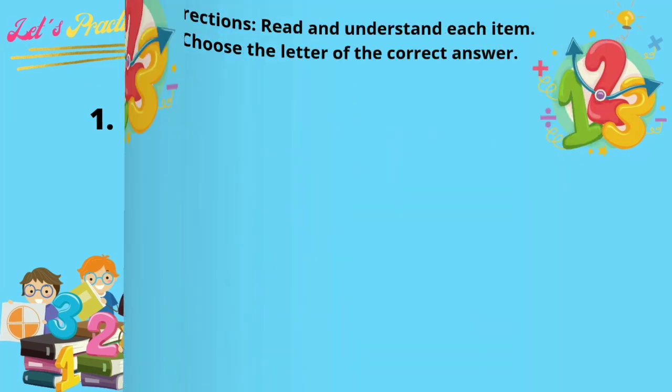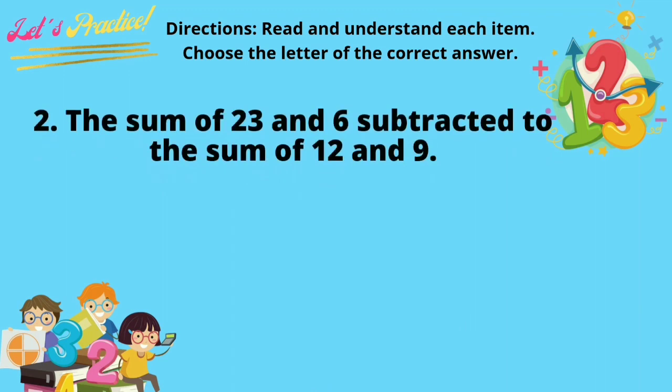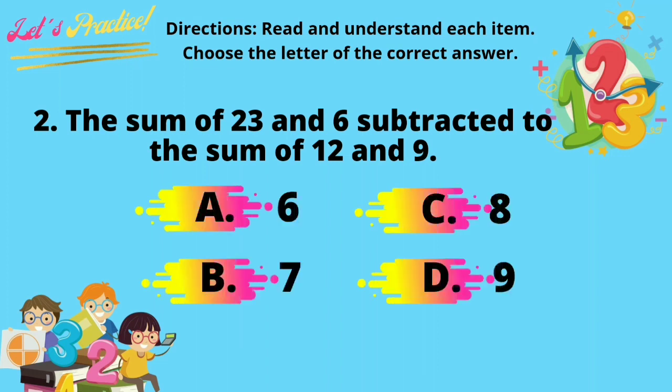Number 2, the sum of 23 and 6 subtracted to the sum of 12 and 9. If your answer is letter C, 8, you are right. We do addition first before we subtract. 23 plus 6 is 29 minus the sum of 12 and 9, which is 21, we get 8.